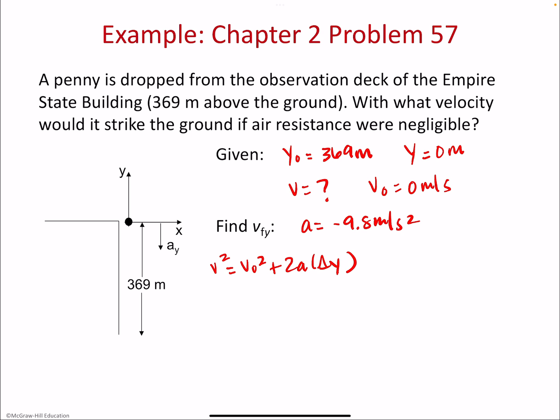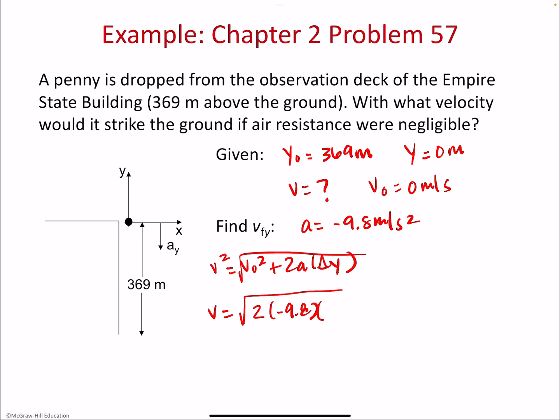We're solving for final velocity, but final velocity is squared. So what do we need to do to get it by itself? Square root it. So all of this is under the square root. What is initial velocity? 0. Do we need to put it? No. So you've got the square root of 2 times negative 9.8 times the change of position.